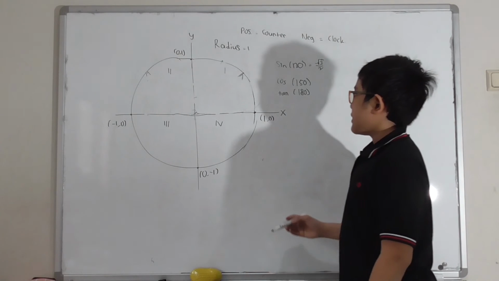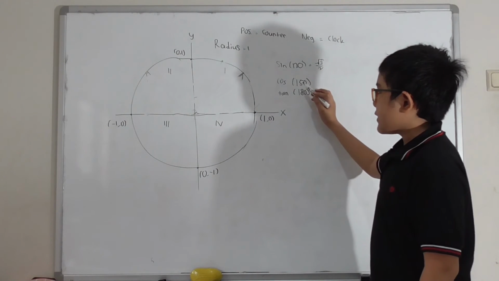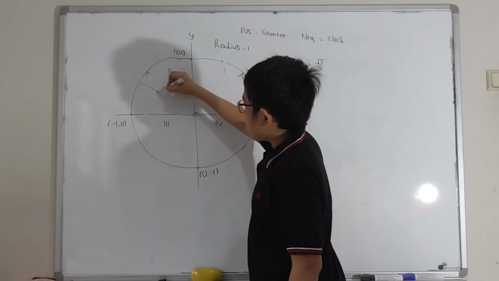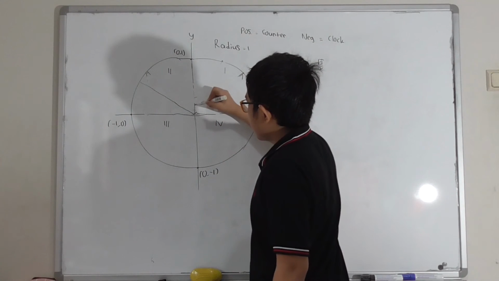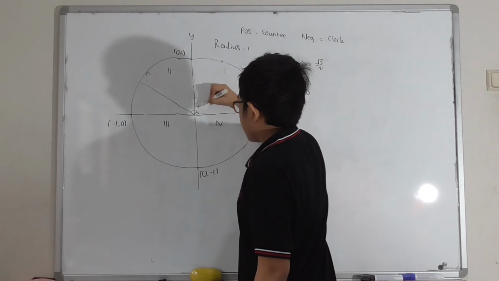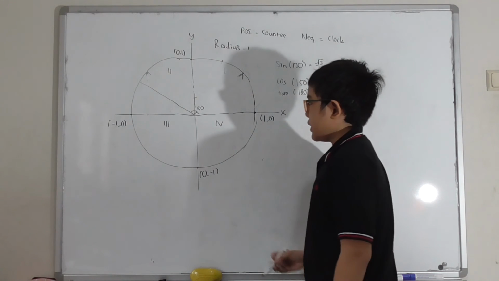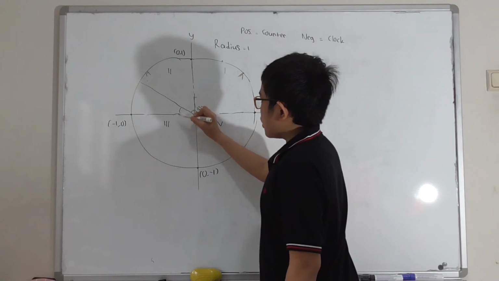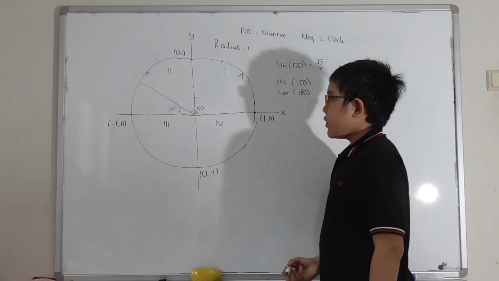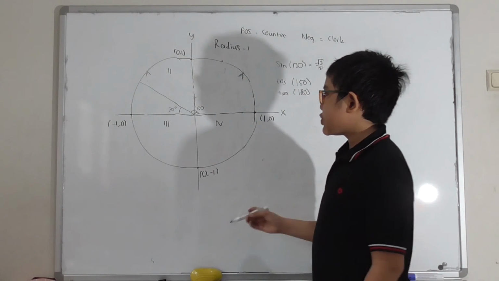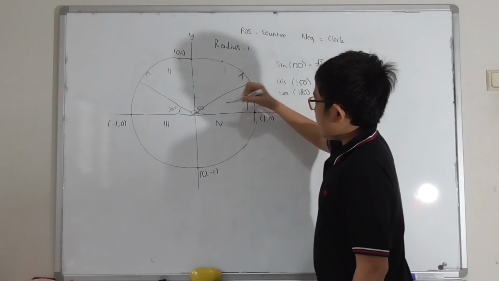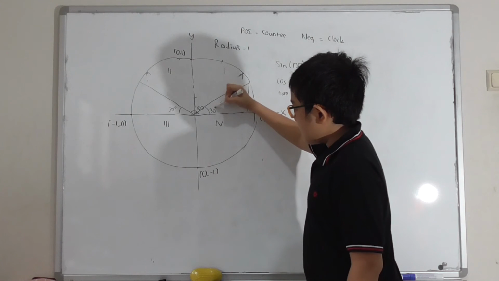And then, because it's larger than 90 degrees, it's obviously going to be the second quadrant. Let's just say that it's going to be about like this, a little bigger than our sine of 120 degrees graph. It's going to be 150, and then this angle is going to be 30 degrees, right? 180 minus 150. So then we can make a symmetrical triangle once again, about like this, and then this angle is going to be 30 degrees.